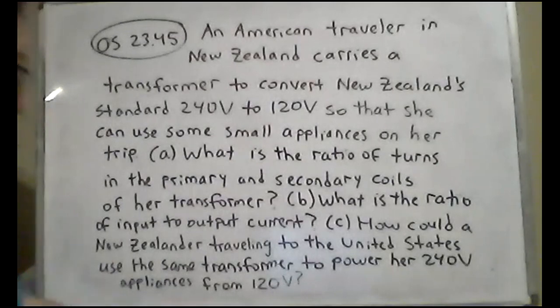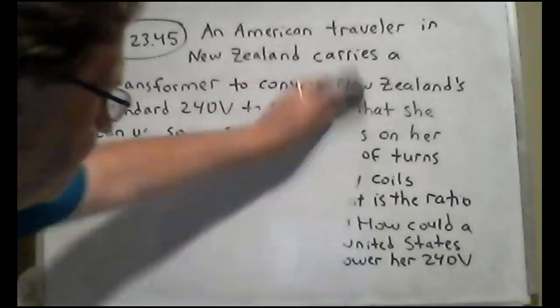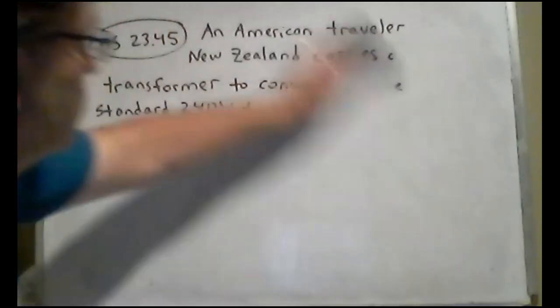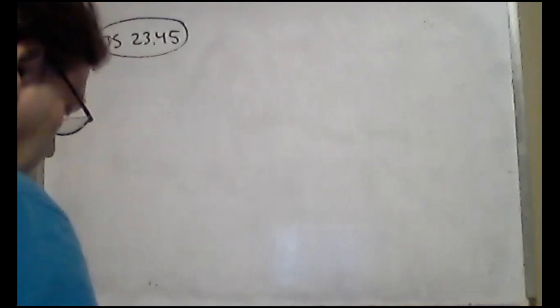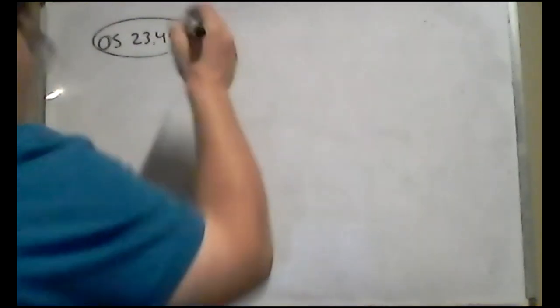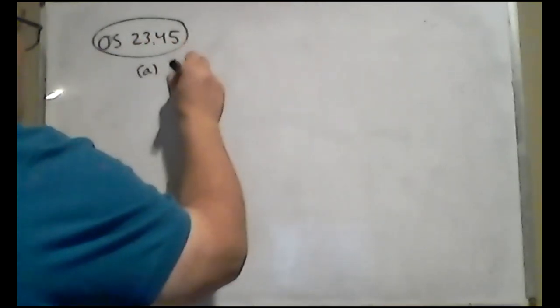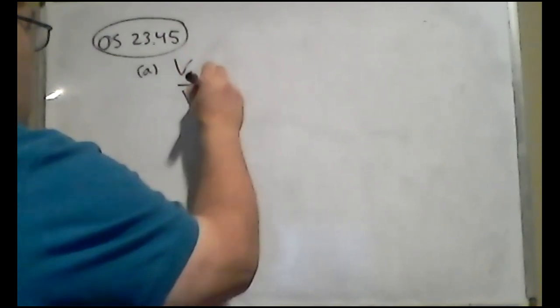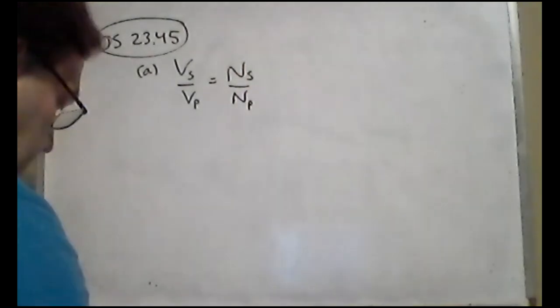Okay, so let's remember all this, a lot of words. So the idea here is that we'll start with the basic transformer equation. V sub S over V sub P is N sub S over N sub P. Okay, that's the main transformer equation.